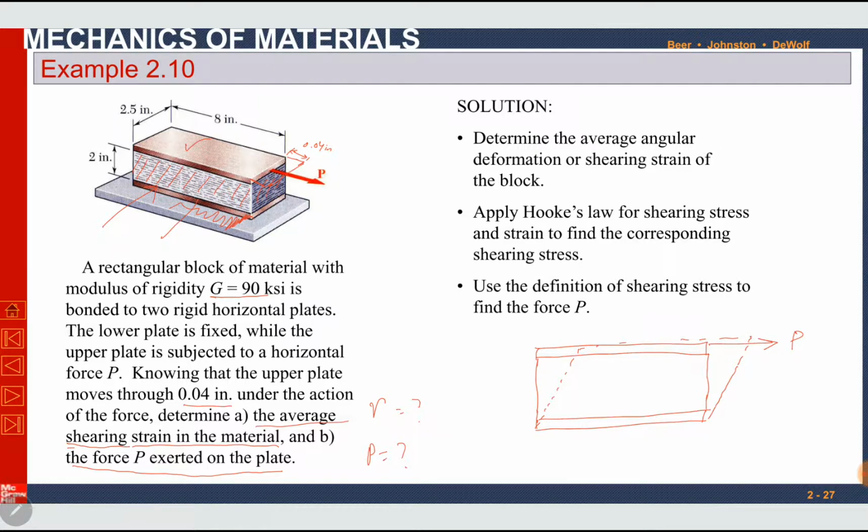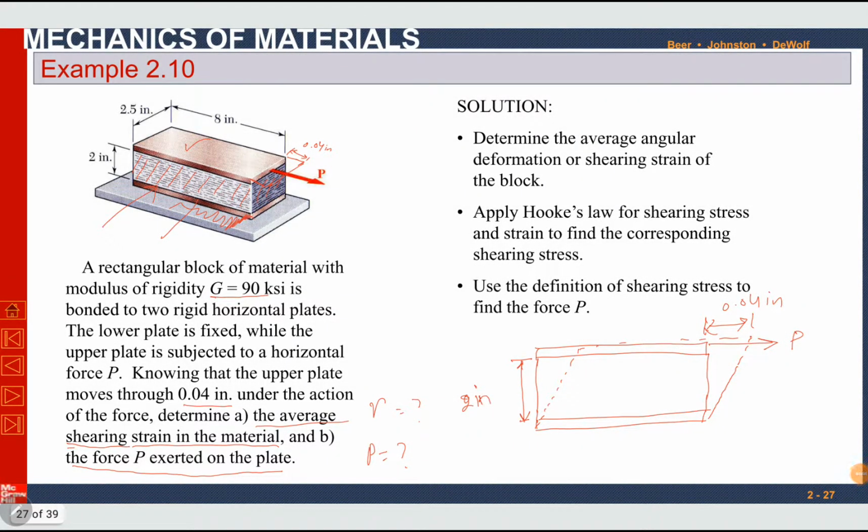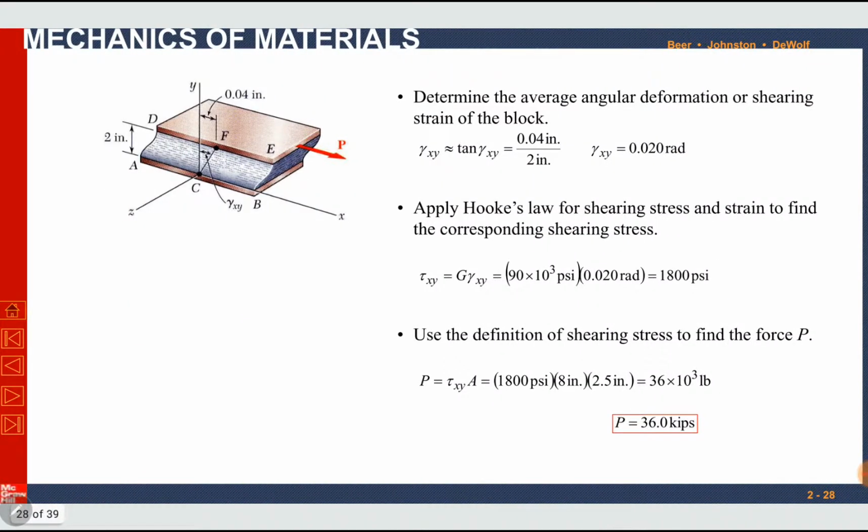So this deformation length is 0.04 inch and the vertical height is already given as 2 inch. So from this triangle we can find gamma. This is 0.04 inch, this is 2 inch. So tangent gamma is equal to 0.04 divided by 2.